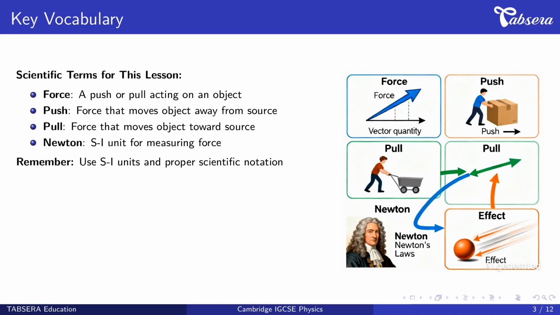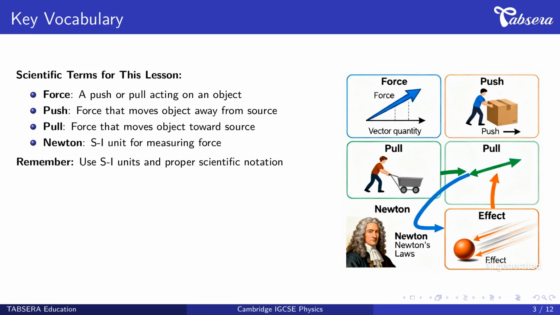Now let's define our key vocabulary. Each term is essential for understanding this lesson. First, force, which means a push or pull acting on an object. Forces always involve interaction between objects. One object exerts a force on another. Second, push, which means a force that moves an object away from the source.